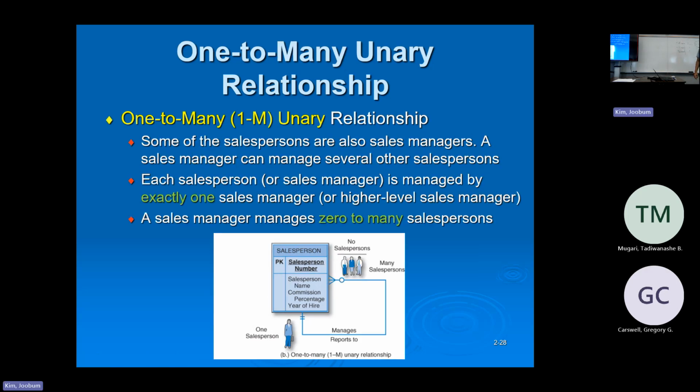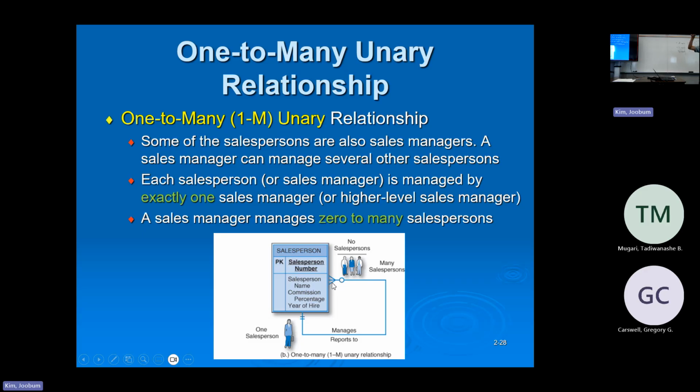And how about this one? One-to-many unary relationships. What is that? Salesperson. There are a lot of salespersons, so maybe one person is a sales manager. From the point of view of the sales manager, the manager manages many salespersons.